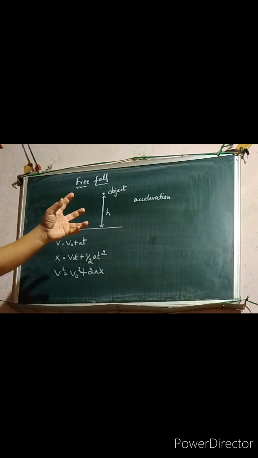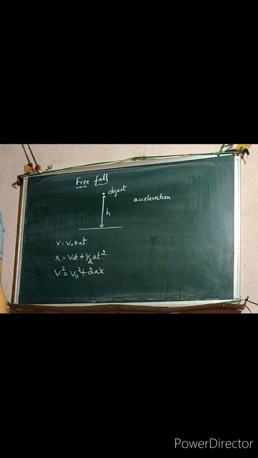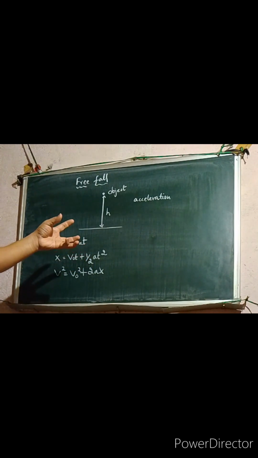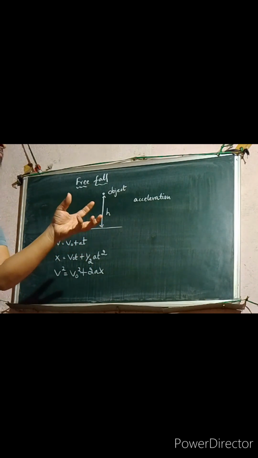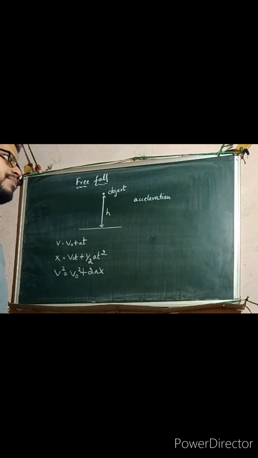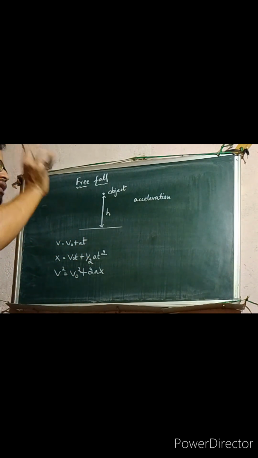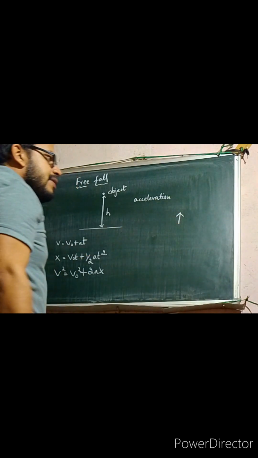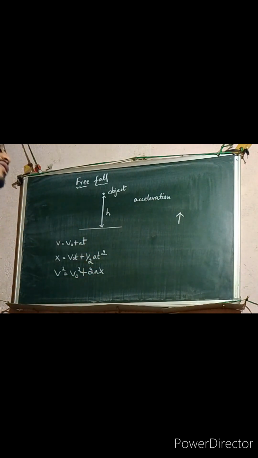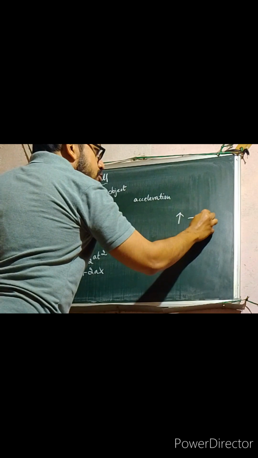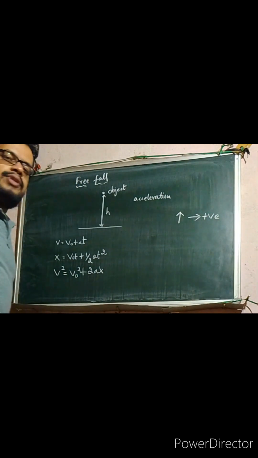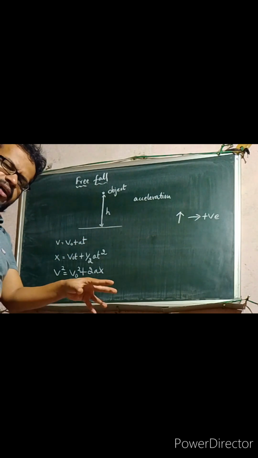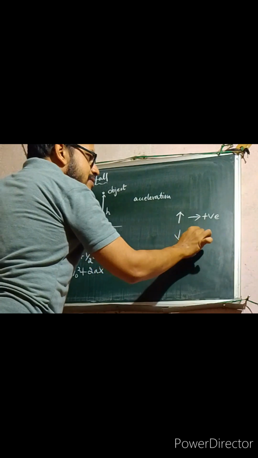But you should know that there is a sign convention. Always we'll use some sign conventions while solving these kinds of problems, so you should remember that. The sign convention is, we'll take the upward direction, whenever the object is moving in upward direction, as positive. And whenever the object is moving downward, all the things which we are considering downwards, we will consider as negative.